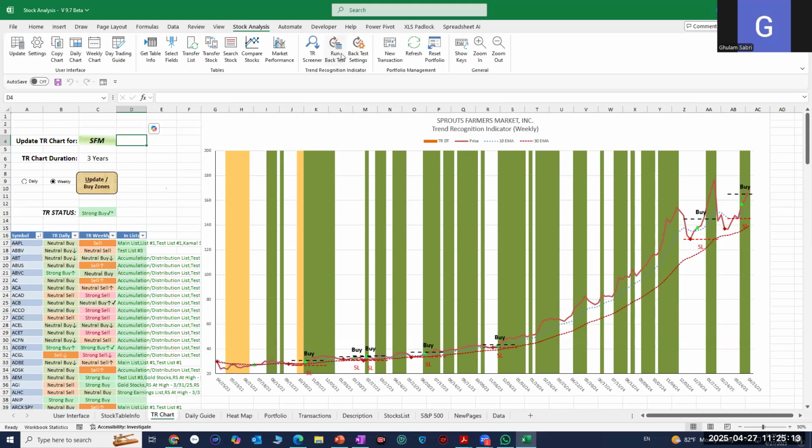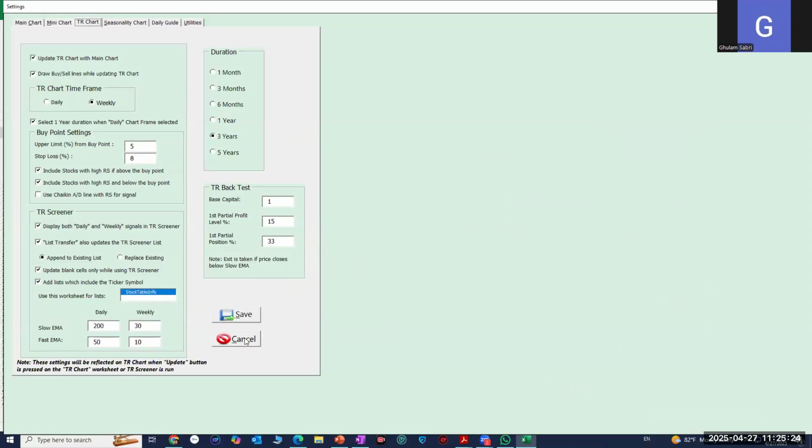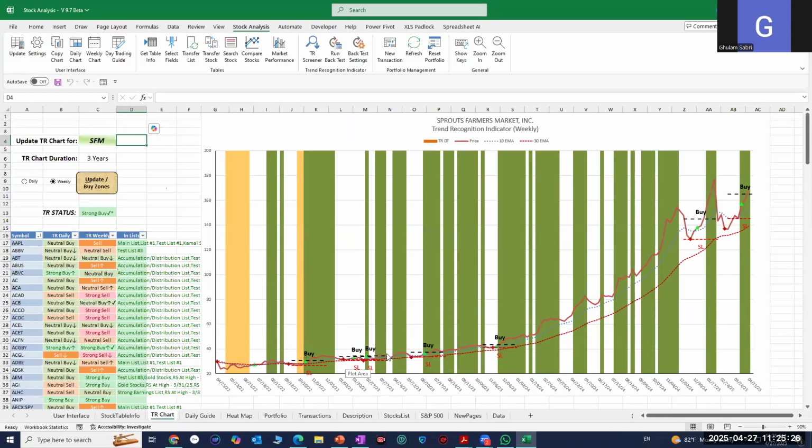When you run the backtest, it will start from the beginning of the chart, move along, look at these buy points, compare them with these parameters, and then evaluate: okay, now we have got the buy point, we are in a strong signal, all the conditions are met.